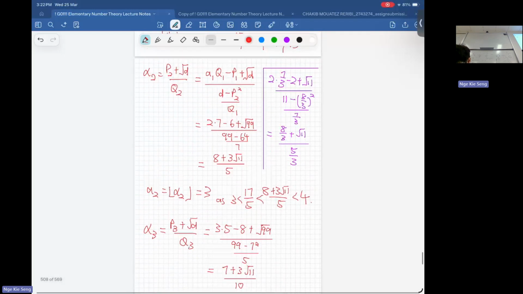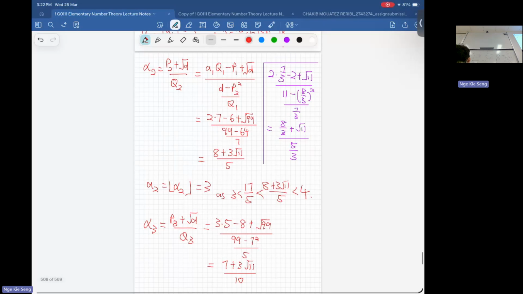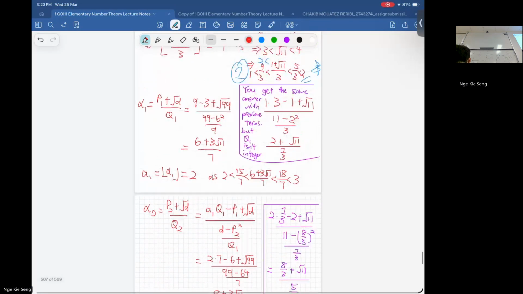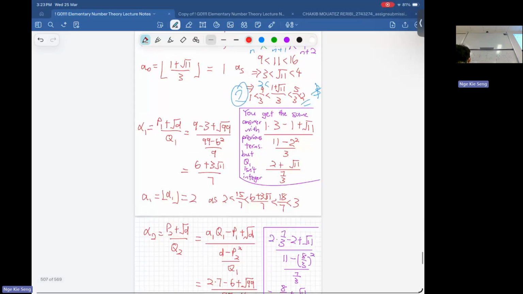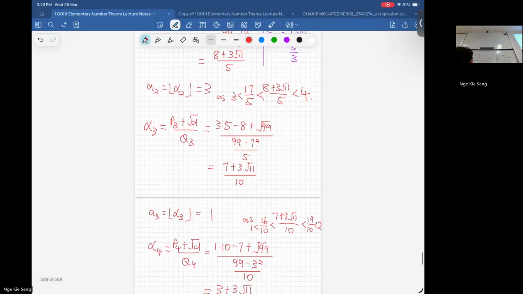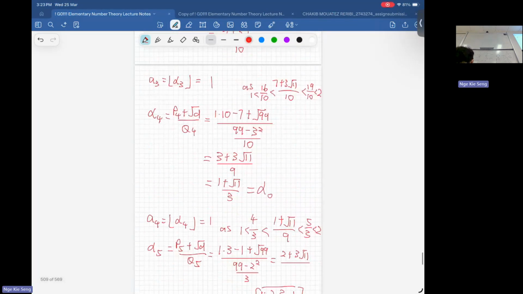Let's see. 8 plus square root 11. No, no, no. I should get alpha 1. So this is alpha 0. Okay. So this is alpha 0. If I continue, I should get alpha 1 back, right? 6 plus 3 square root 11.